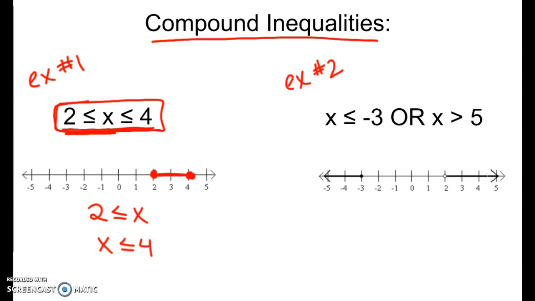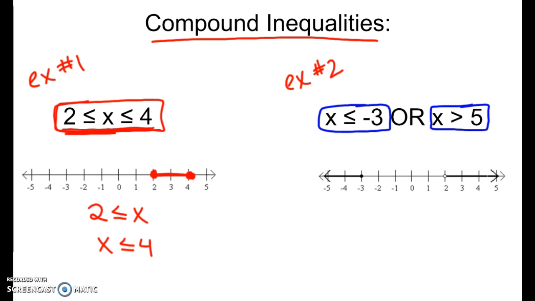If we look at example number 2, how it's different from example number 1, notice we have an or statement between. It says x is less than or equal to -3, or x is greater than 5. Just like with our regular inequalities, we will still graph them the same way. But notice here the graphs are going in opposite directions.